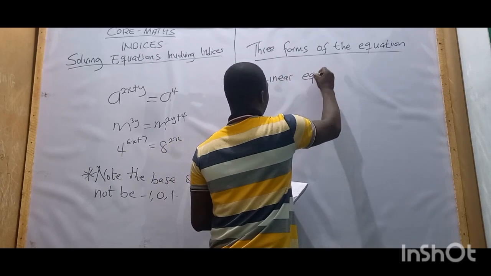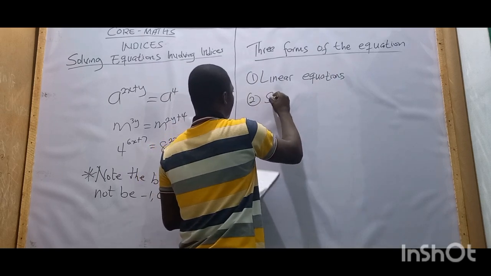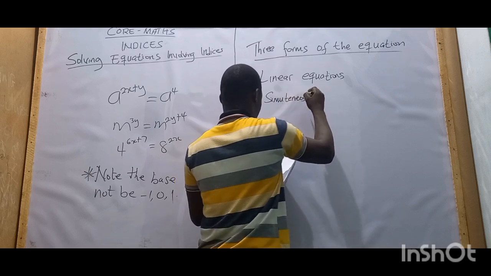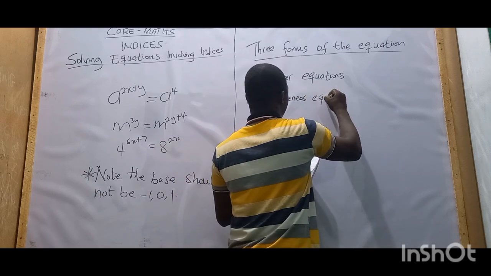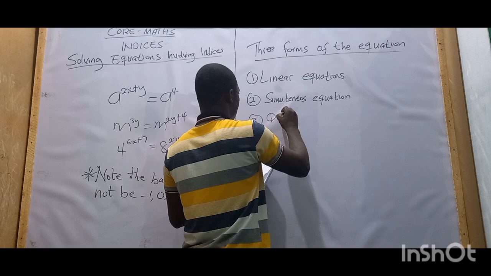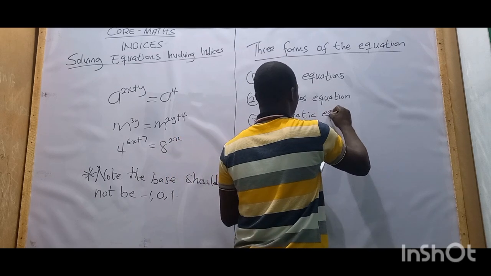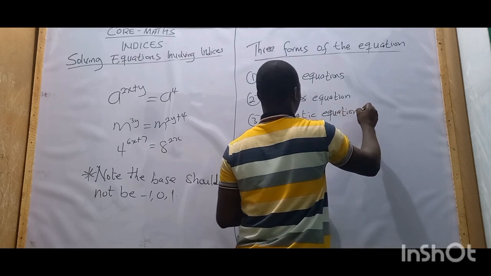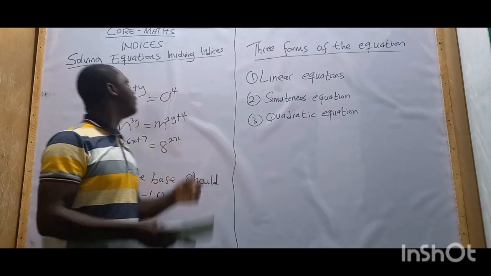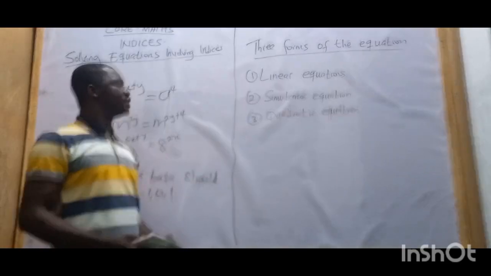Linear. Okay, so equations involving indices can take any of these forms, the linear, the simultaneous, or what?